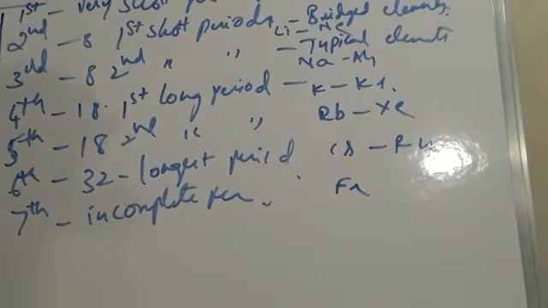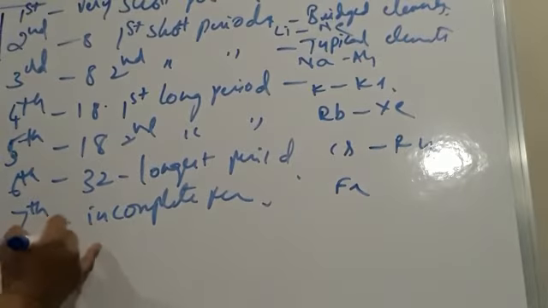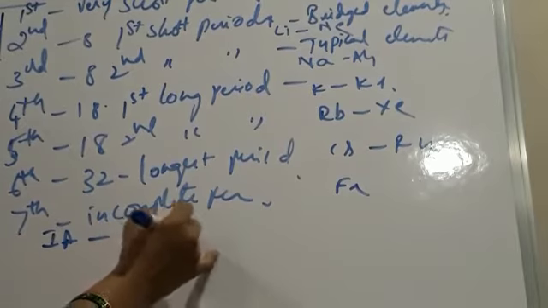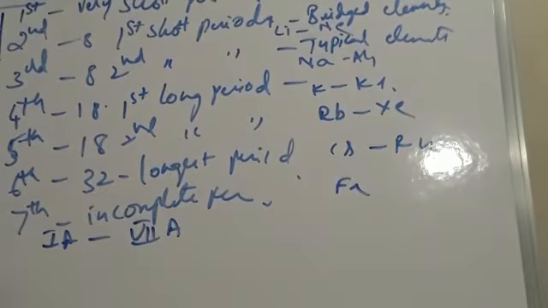Then coming to some specialties in the nature of elements. Here there are 7 periods and 18 vertical columns. These 18 vertical columns are subdivided into A and B groups. First A to 7th A, so the A groups and the 0 group.